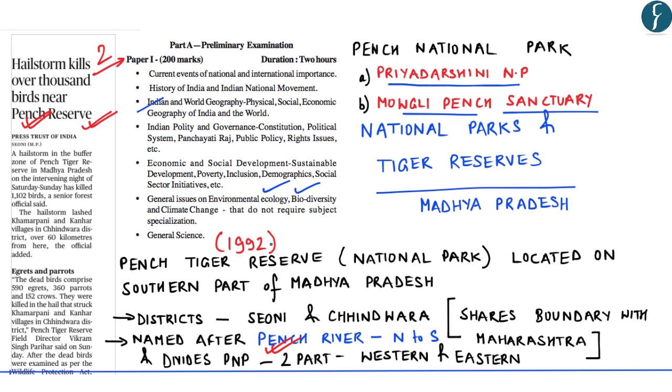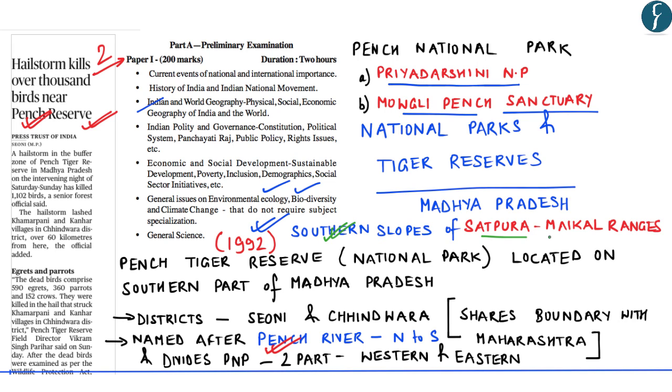Now, Pench National Park was established as a tiger reserve in the year 1992. The Pench Tiger Reserve is situated in the southern slopes of Satpura Maikal ranges in central India. And Pench Tiger Reserve is also among the sites notified as Important Bird Areas of India. So all these facts with respect to Pench Tiger Reserve become important to know from our prelims perspective.